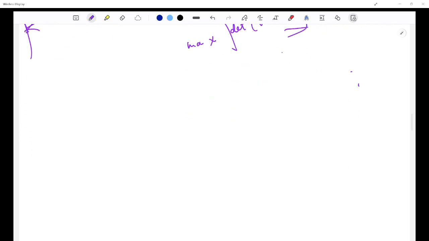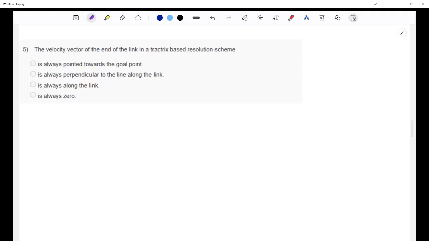Let's move to the next question. The velocity vector of the end of the link in a tractrix based resolution scheme is always pointed towards the goal point, is always perpendicular to the line of the link, is always along the link, or is always 0. The question is directly about the geometric property of the tractrix motion.